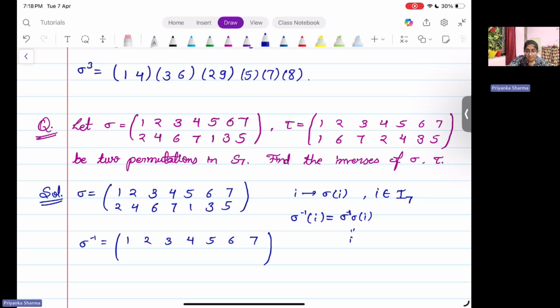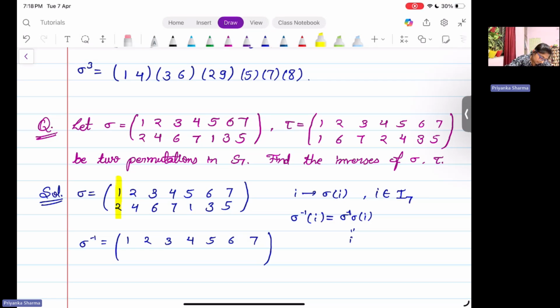So this image is basically an element of the domain for the inverse map. And here the element in the domain is the image under sigma inverse. Okay. So here, if 1 is mapped onto 2, then we need to consider this in a reverse way.